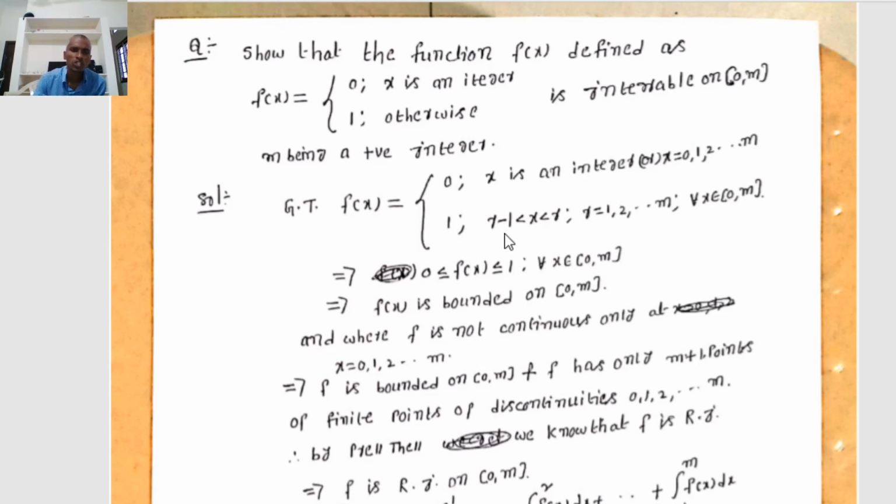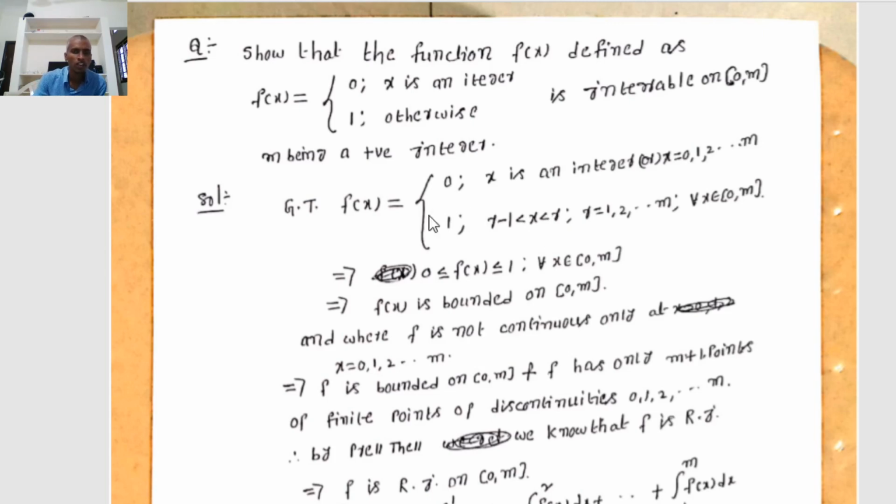Where x lies between 0 and 1, any real number, rational or irrational, the value is equal to 1. Suppose r equal to 2, that implies 2 minus 1 less than x less than 2, that is 1 less than x less than 2, where x is any real number between 1 and 2, the image must be equal to 1.